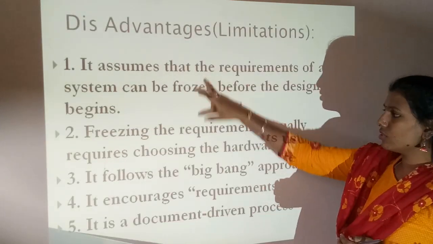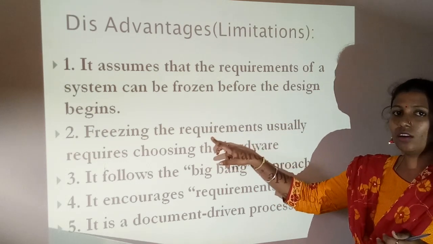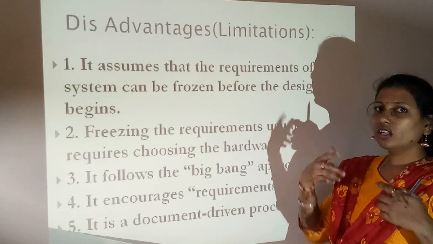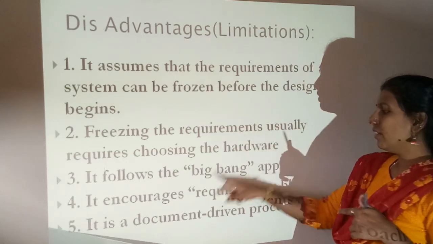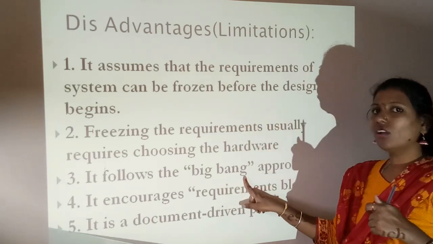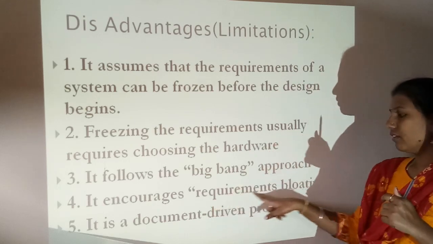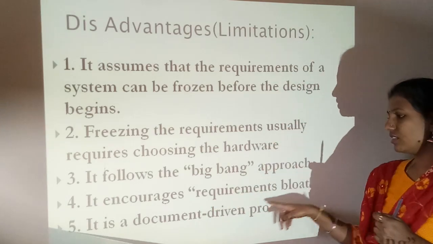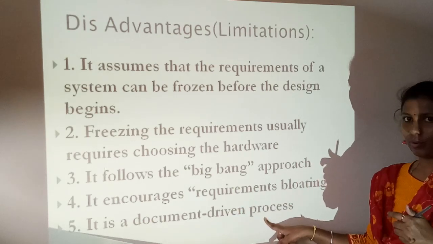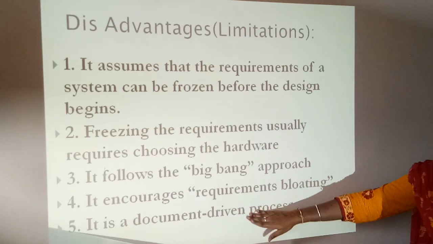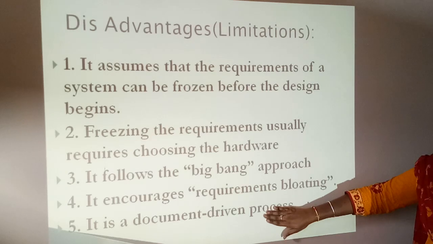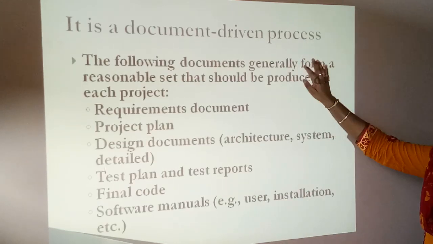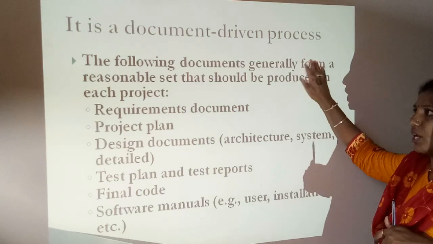The requirement frozen, then hardware will get out of date or invalid if the duration is more, then the Big Bang approach, that is the all or nothing approach. Then it encourages requirements bloating, where the requirements get more and more in the initial stage itself, and it is document driven. Next, what are the documents we should produce at the end of each phase?